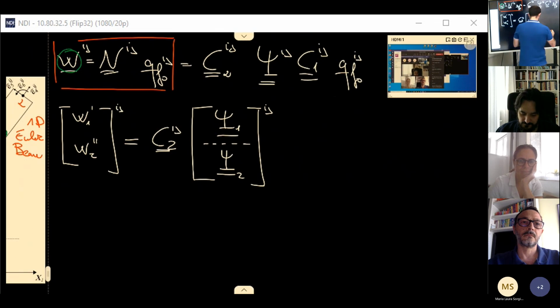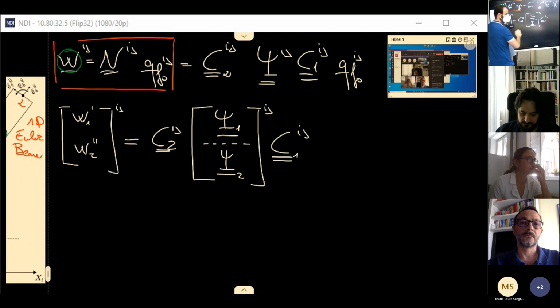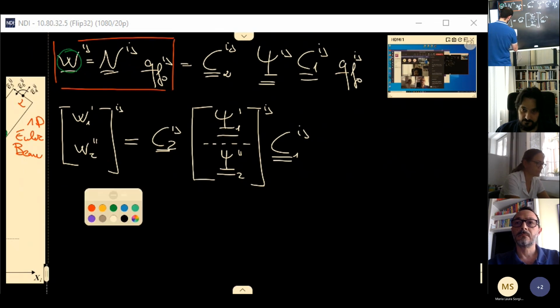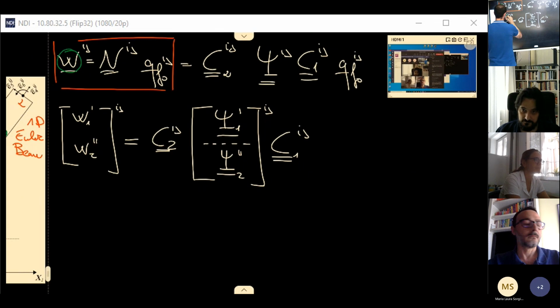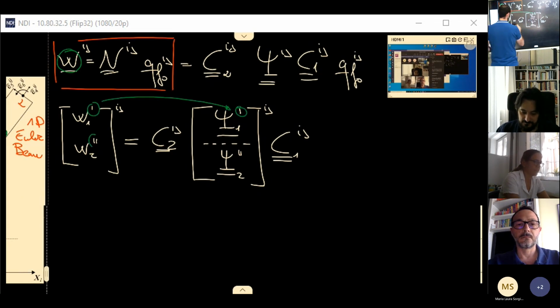And then we have C1, but in this case, we have a prime to be adopted over the first row and the second prime to be adopted on the second row. Again, because this is just a consequence of what we need to develop.